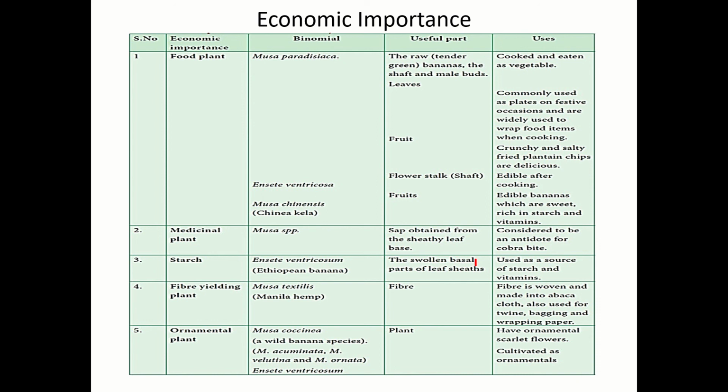Okay, now coming to economic importance. The genus Musa is of great economic value. You all know this, right? And it possesses several very important and characteristic species. Fine, it is extensively cultivated in tropics and subtropics for its edible fruits.